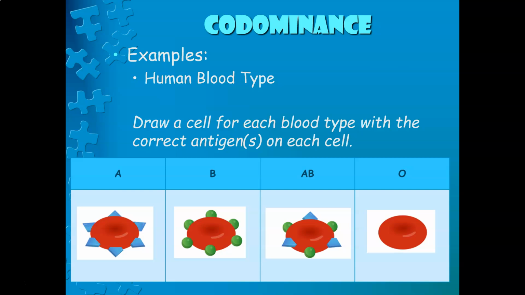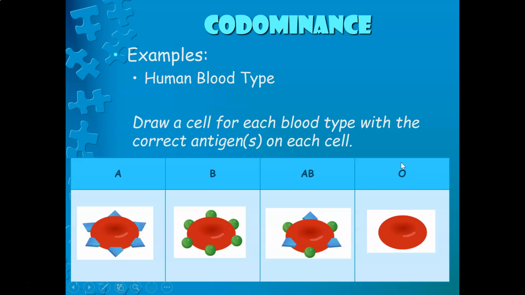If I look at an individual who is type A, they create these A surface antigens on their red blood cells. If I look at somebody who's type B, they create a different antigen, that B antigen, on their red blood cells. Here's what we were talking about with that codominance. So they create both A and B antigens because they now have both alleles.